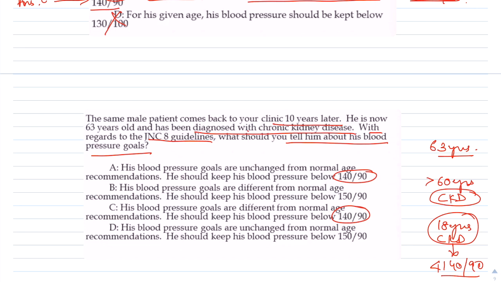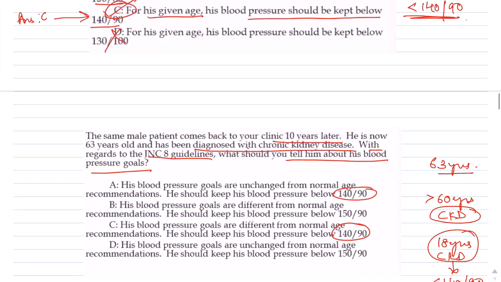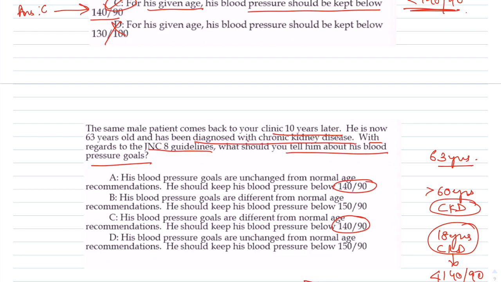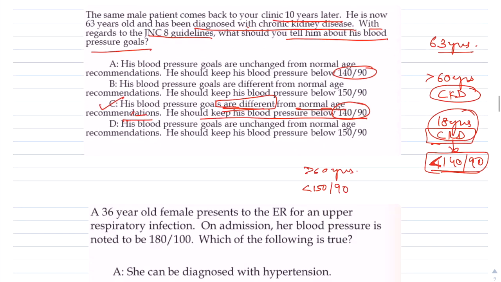They are different because for more than 60 years, the recommendations are less than 150/90. So they are different from normal age recommendations because he has CKD. Because he has CKD, his blood pressure goal is less than 140/90. So they are different from normal age recommendations and he should keep his blood pressure below 140/90. This is the correct statement.